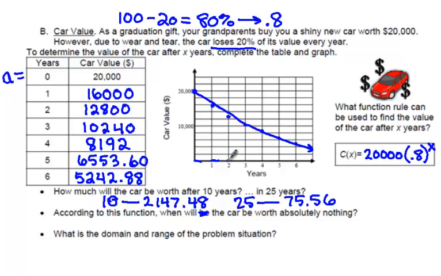The reason being is because that horizontal asymptote is going along with 0, or y equals 0. So theoretically, never.